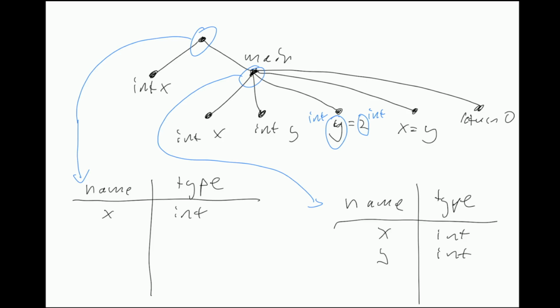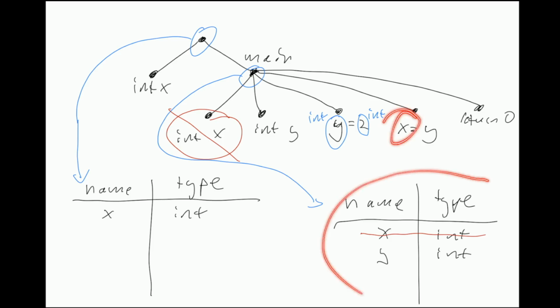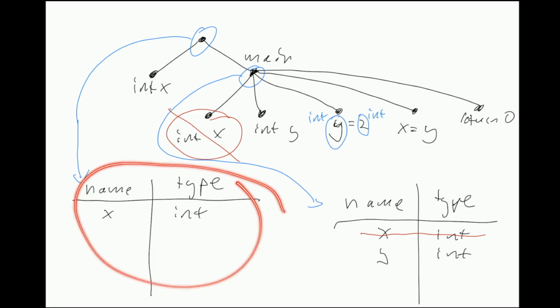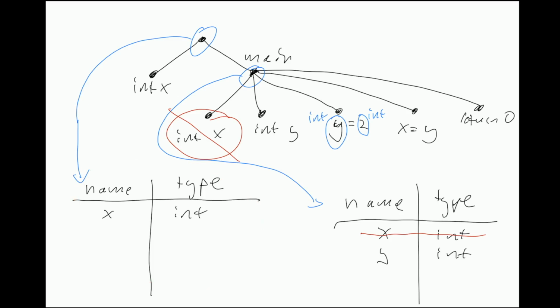But if we had written the program differently, where a declaration were not there, then this declaration would never have been added to the symbol table. Then we go to look up X, we first look in the local symbol table, and then if we don't find it, we pop up to the parent symbol table and keep going until we find a declaration of X.